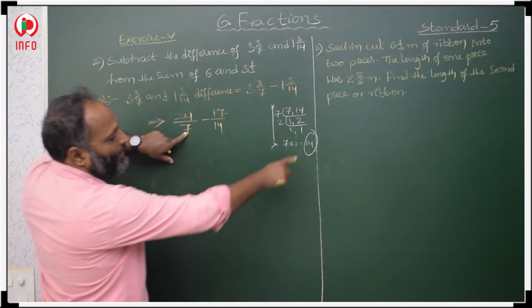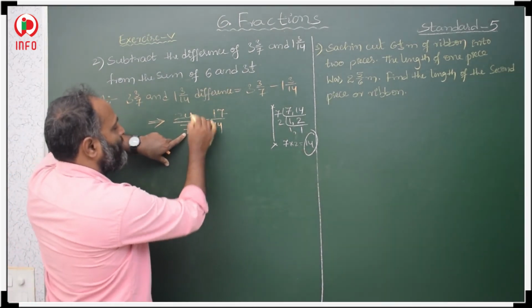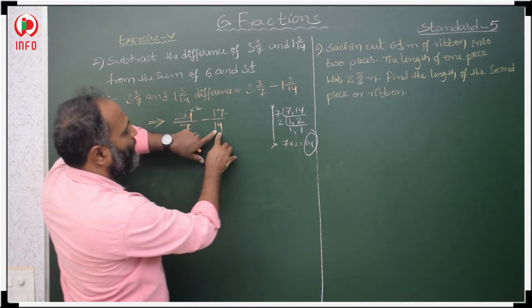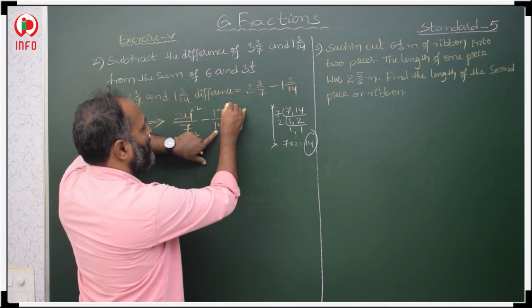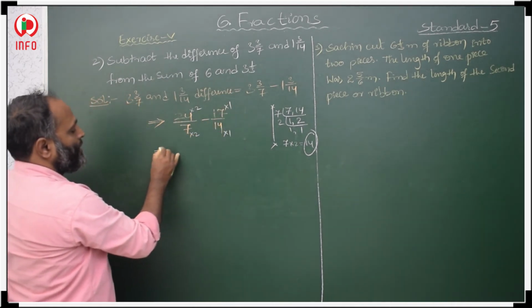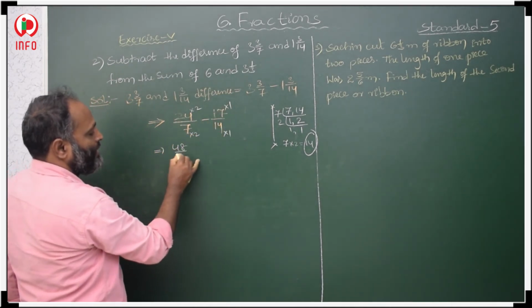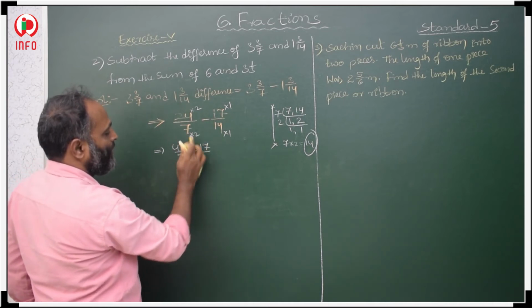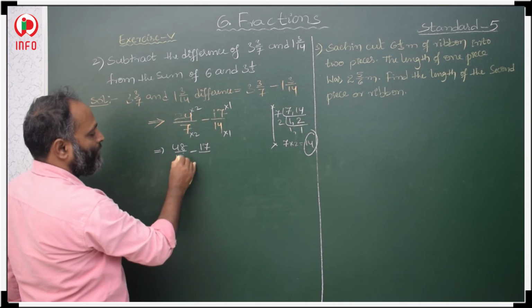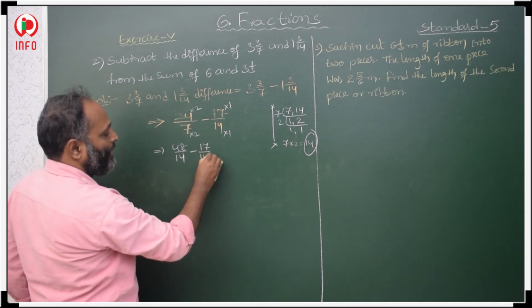In the 7 table, when you get 14, 2s, multiply with 2. In the 14 table, when you get 14, 1s, multiply with 1. 24 2s are 48 by 7 minus 17 1s are 17 by 14; 7 2s are 14 we have to write, 14 1s are 14.